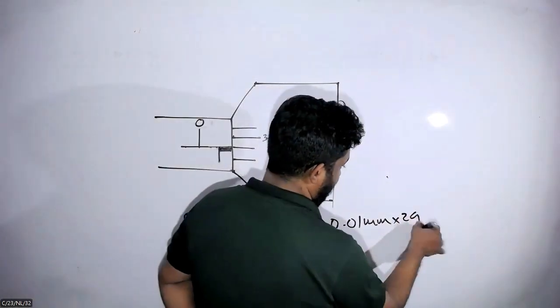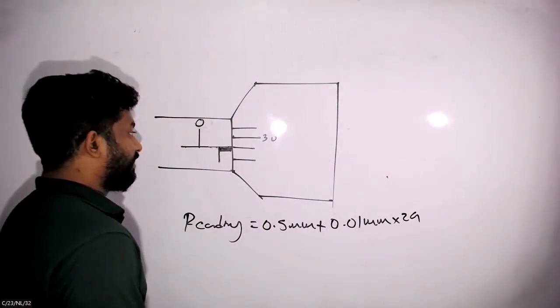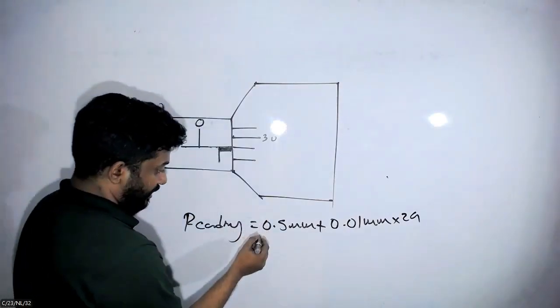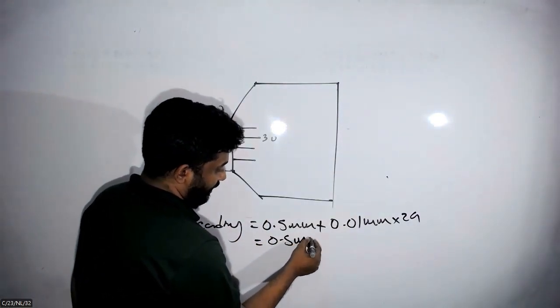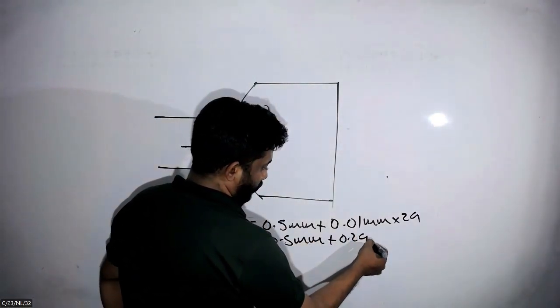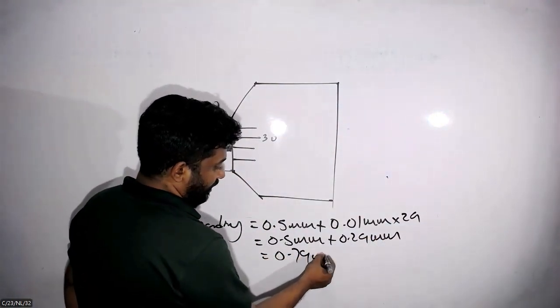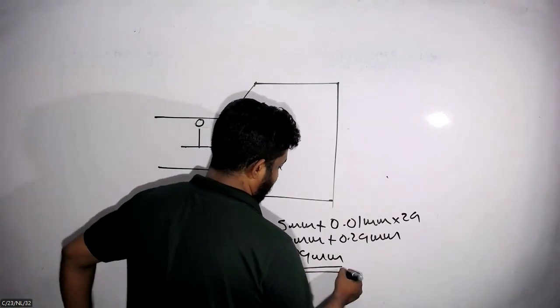Here the 29th circular scale division is aligned, so the answer is 0.5 millimeter plus 0.29 millimeter, 0.79 millimeter is the reading, right?